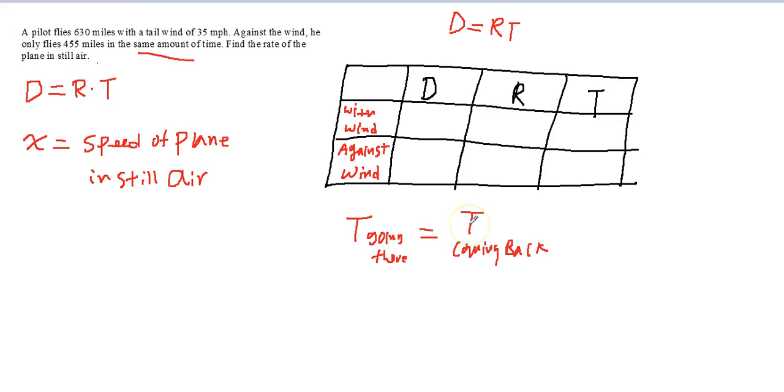Going over there is with the wind, and coming back will be against the wind.